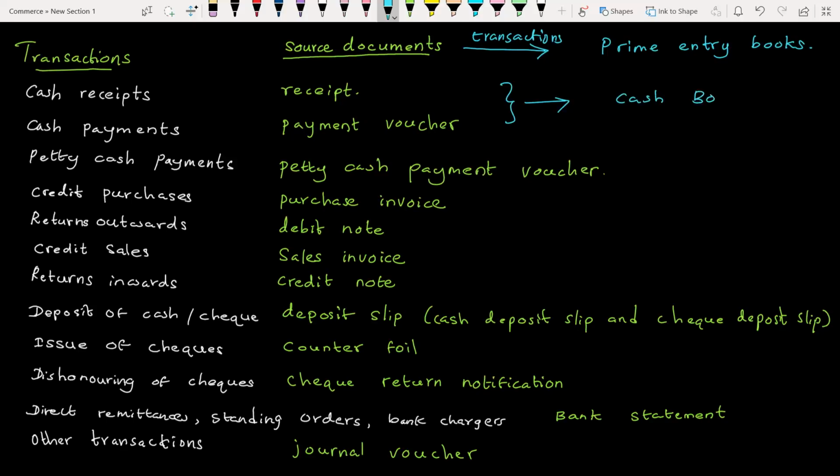And cash book is one of the prime entry books. And also using the information on the petty cash payment vouchers, we record petty cash payments in the petty cash book. And again, petty cash book is one of the prime entry books.